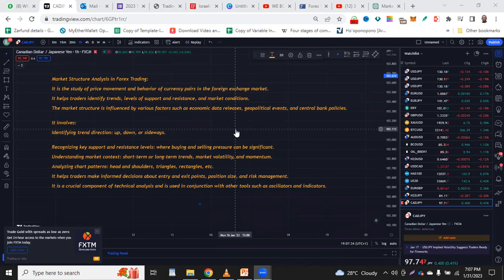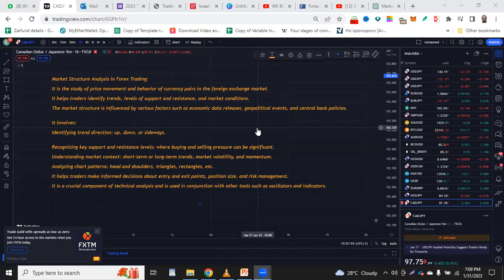So market structure is the study of price movement and behavior of currency pairs in the forex market. You can take note of these things that I have on the screen here.